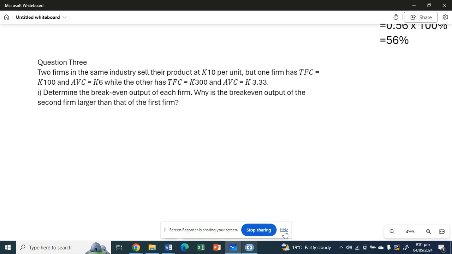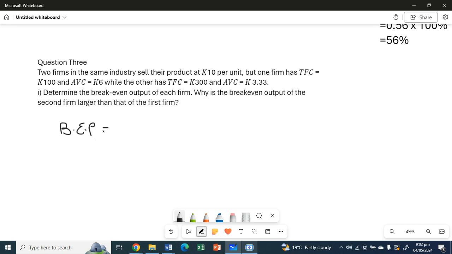Okay, so in order to get the break-even point, remember, you break even when your total revenue is equal to your total costs. So you can use this formula. There are two formulas for the break-even point: one in terms of sales, the other in terms of units. This is the one in terms of units.